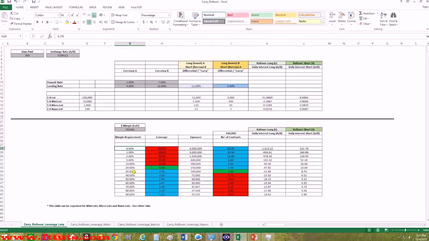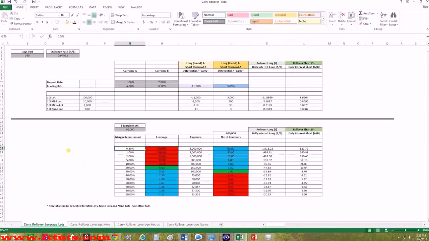So even if the leverage is available from the broker, you may decide that you want to be somewhere here, somewhere between 10 and 30% margin requirement, because at the end of the day, you decide how much you put into your trading account and you decide what your gross exposure is. So these margin requirement numbers can represent anything that the broker will offer you in terms of maximum exposure, but also they can represent what you want to do yourself.